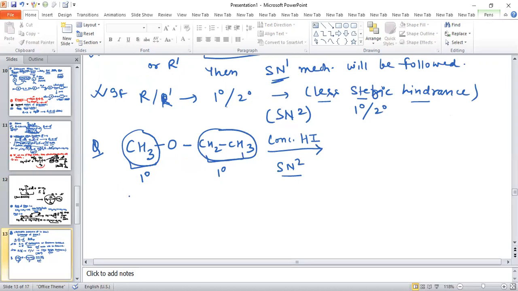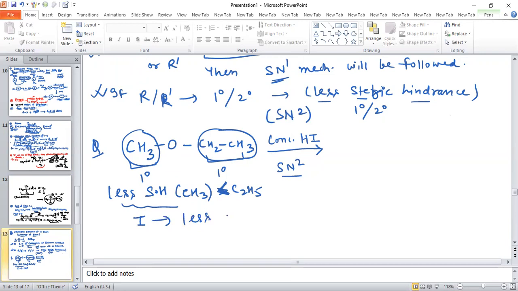If we compare the steric hindrance, there is less steric hindrance in CH3 than in C2H5. So iodine will go with the carbon having less steric hindrance.